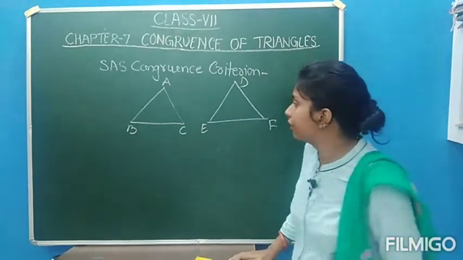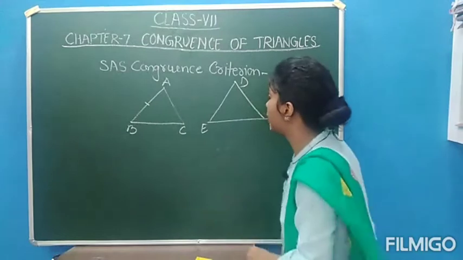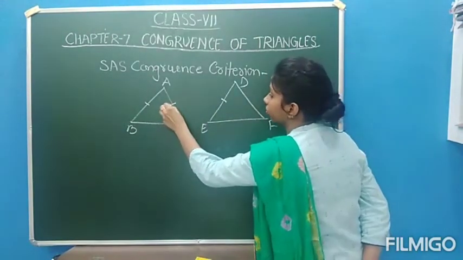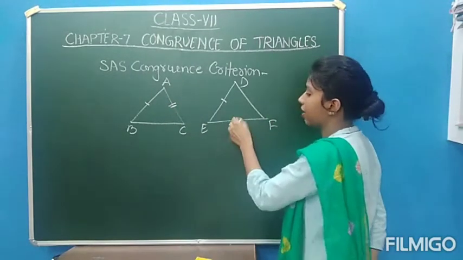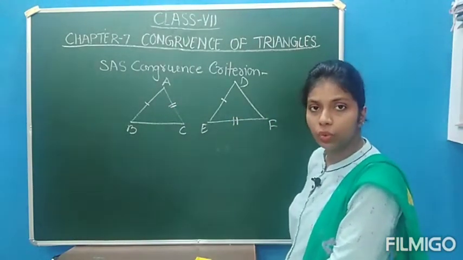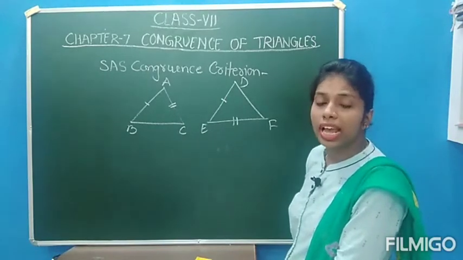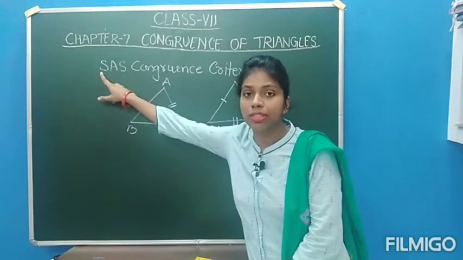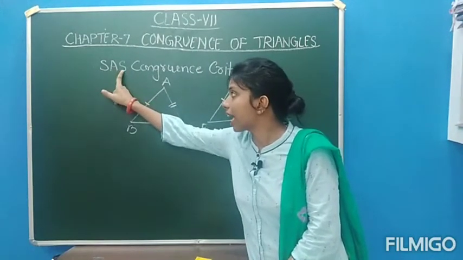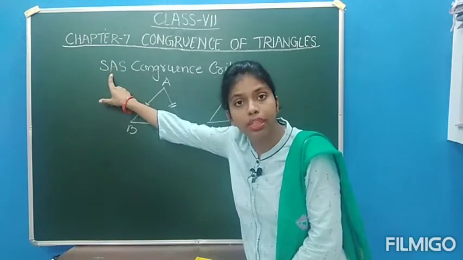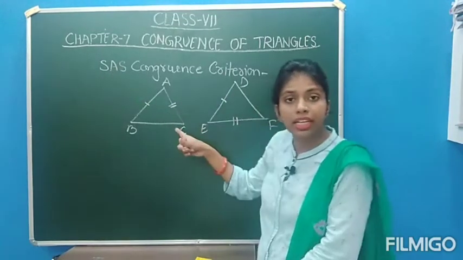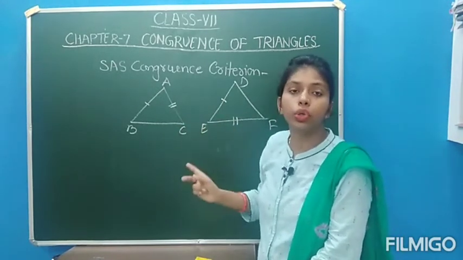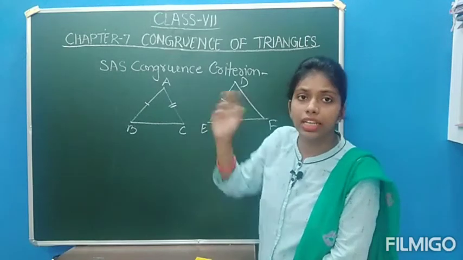Here it is given that AB is equal to DE and AC is equal to EF. These two sides are equal. And also the angle included between them. As the name says, side angle side, the angle is always between the two sides. Same here in this figure, the angle must always be between these two equal sides, not other than this.